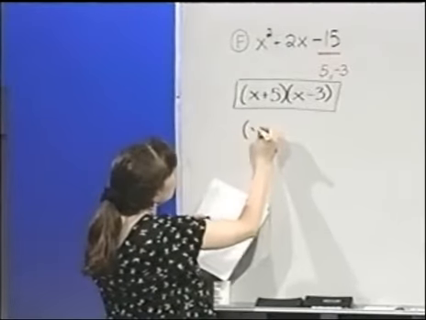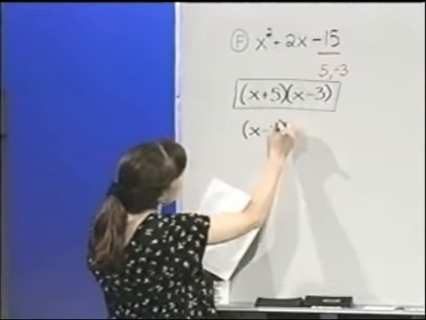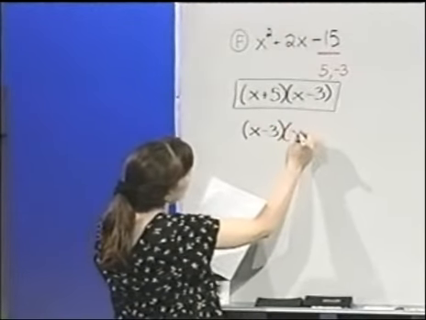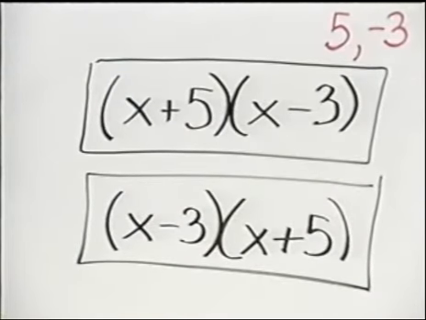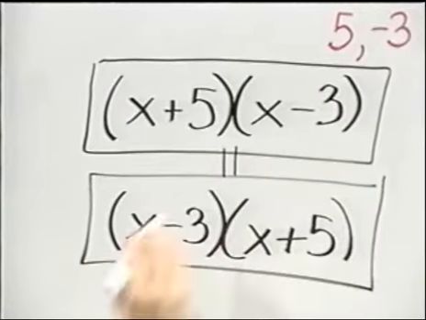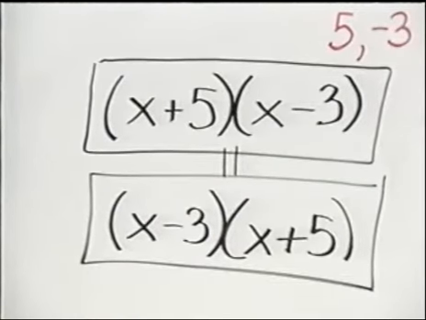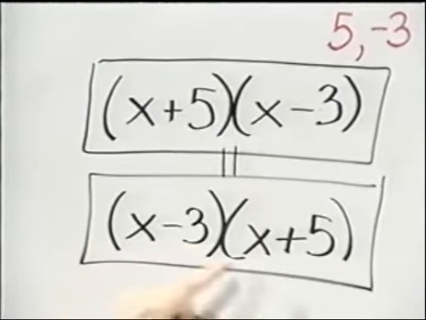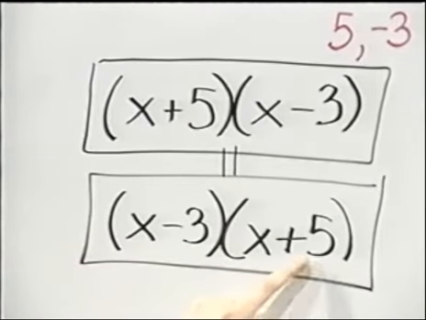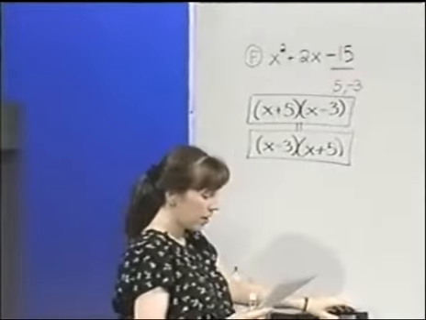No, it doesn't. You can put x minus 3 first, and that is the same answer. Either one works. The only thing that's important is to make sure that the minus sign goes to the 3 and the plus sign goes to the number 5.